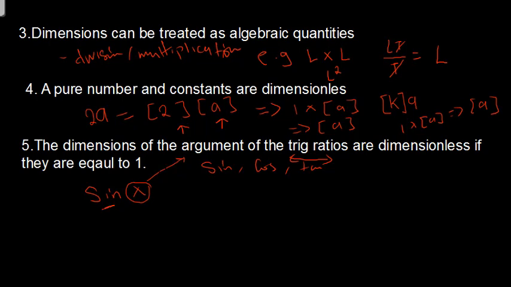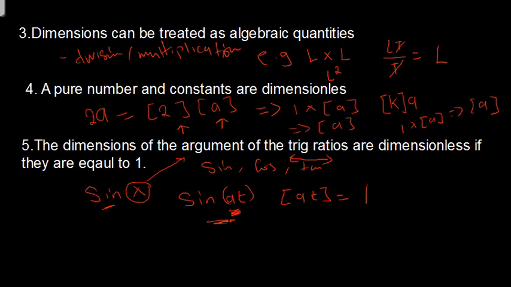Or if this was cos, the value that follows after that trig ratio is its argument. So if you had, let's say, sine, and the argument of this sine is a physical quantity, acceleration, multiplied by time, the argument, which is at here, has its dimensions given by the dimensions of at, and this must be equal to 1 for this trig ratio to be dimensionless.